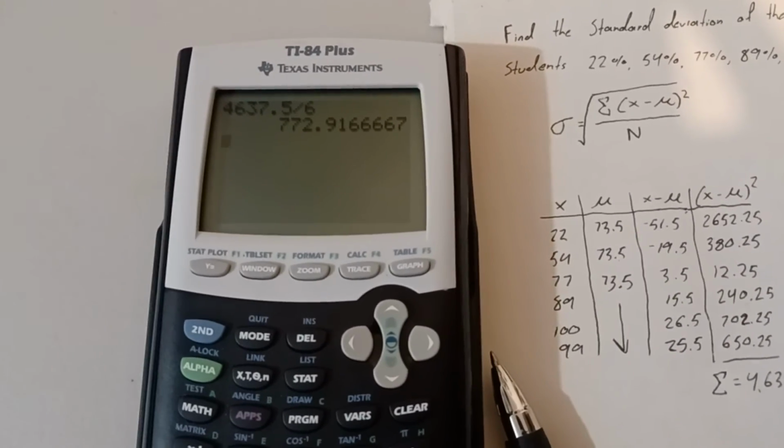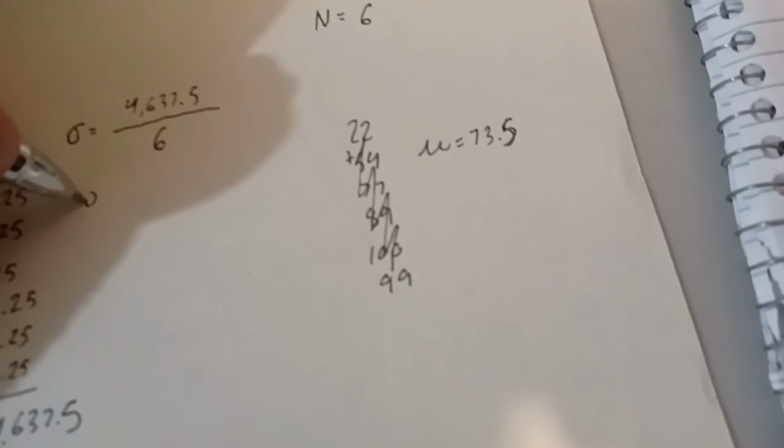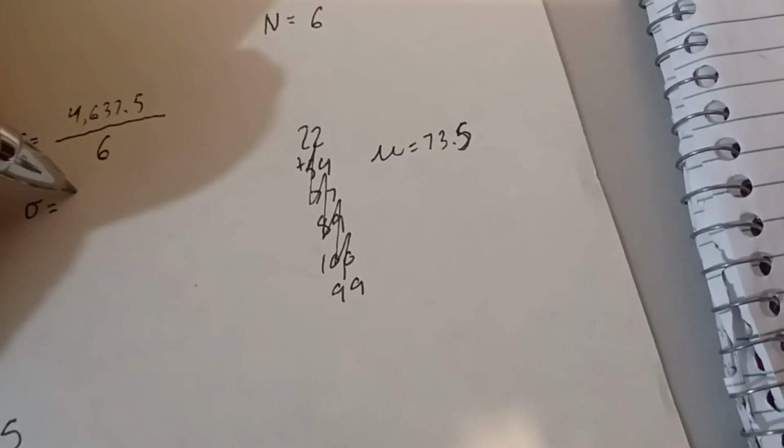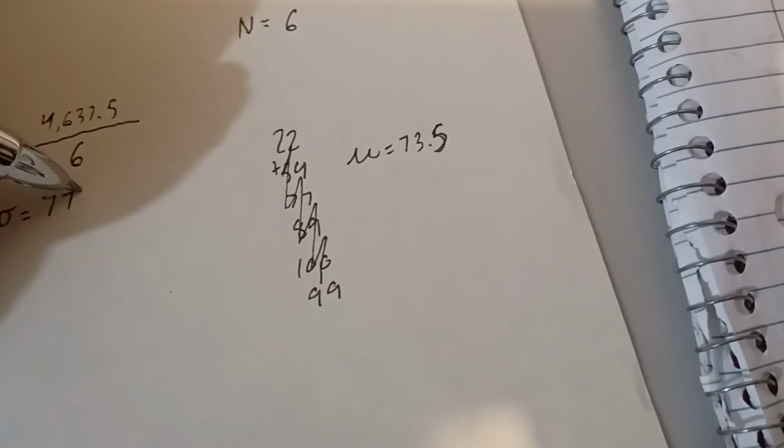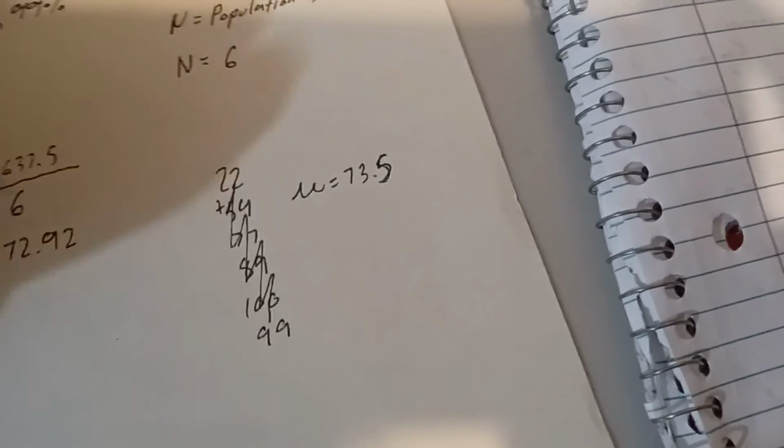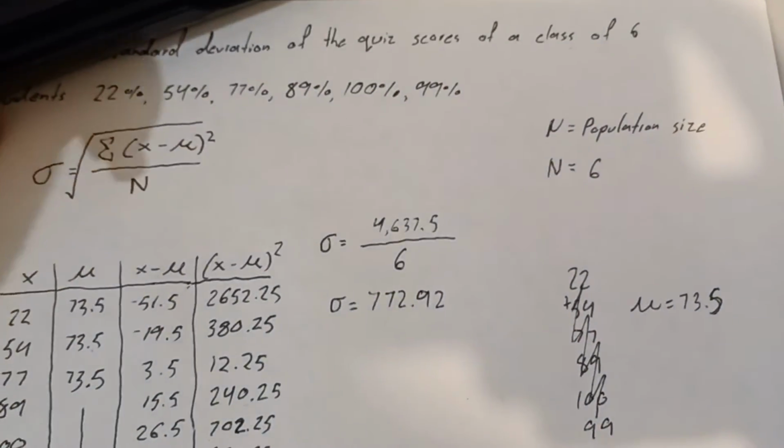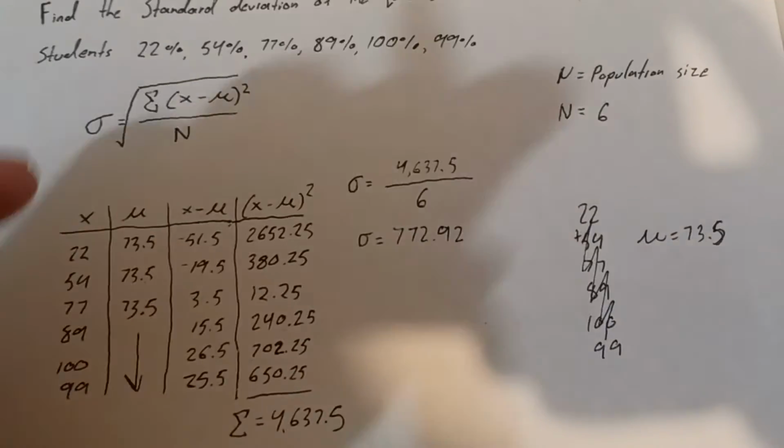For now, let's round to 2 decimal places, so that is going to give us 772.92. But don't go just yet. We're not done just yet.